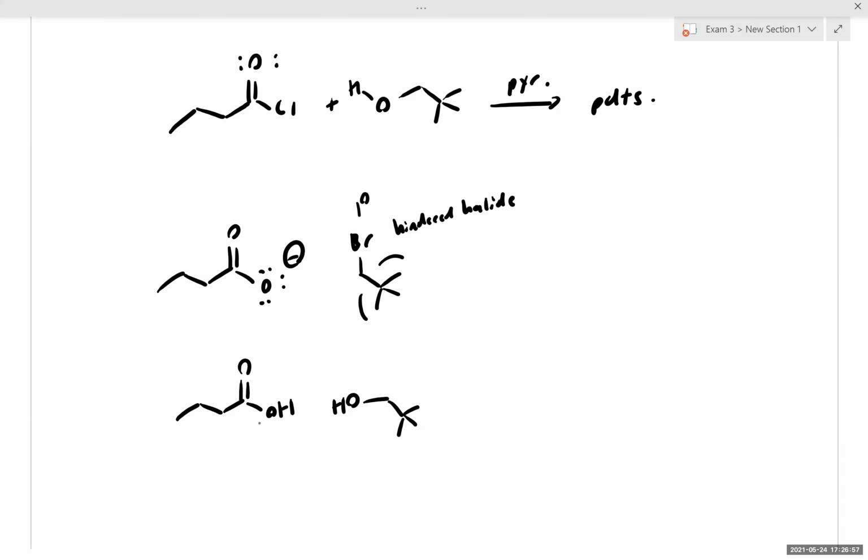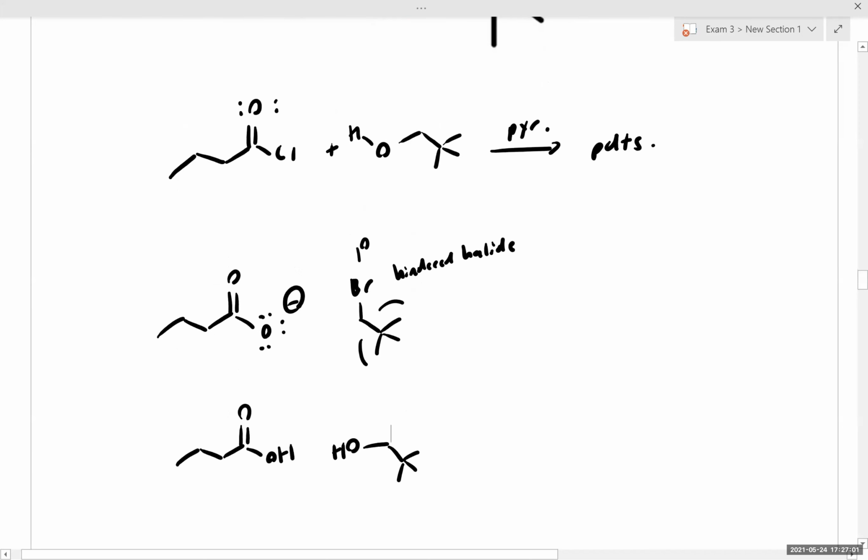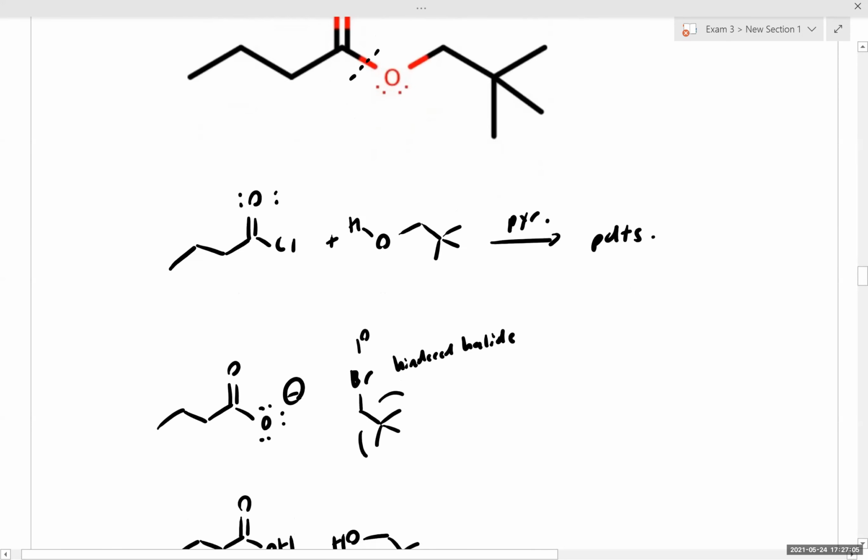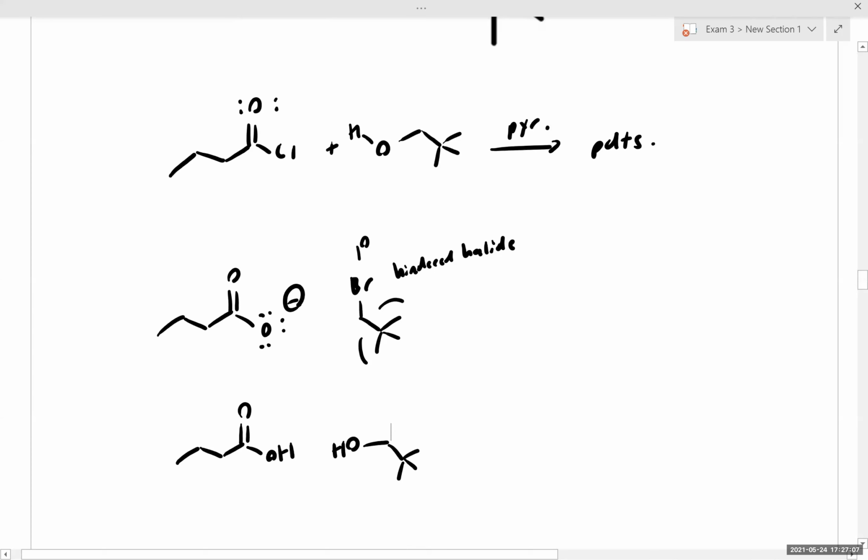But both of those are reasonable to propose just due to the unique nature of this substrate. Personally, I would go through the acyl chloride as it's the most tolerant of these hindered nucleophiles. Does this discussion make sense? Any questions before we move on?